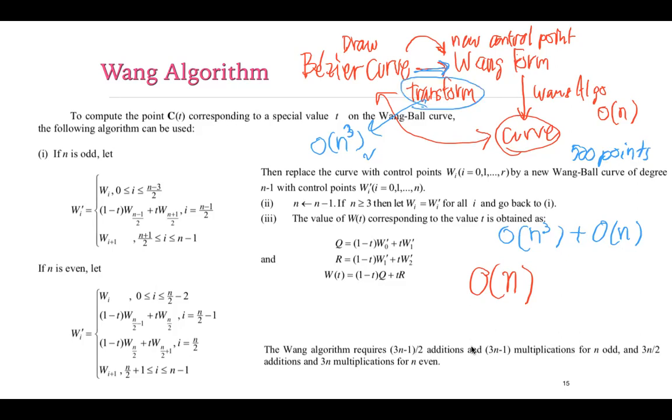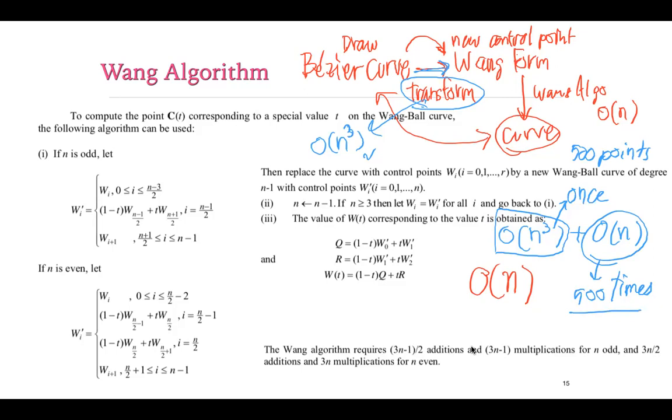Once. But this one you will perform 100 or 500 times. So this term is not significant. This one is more important. Okay, do you understand my point?